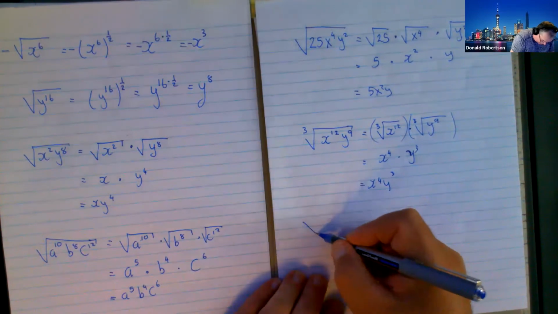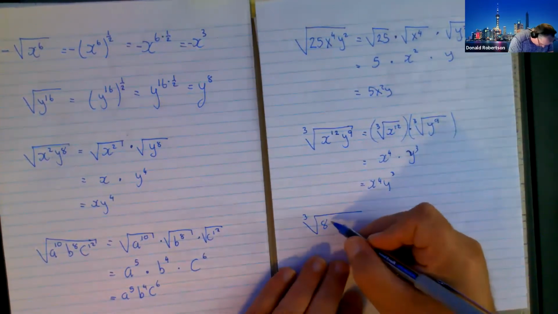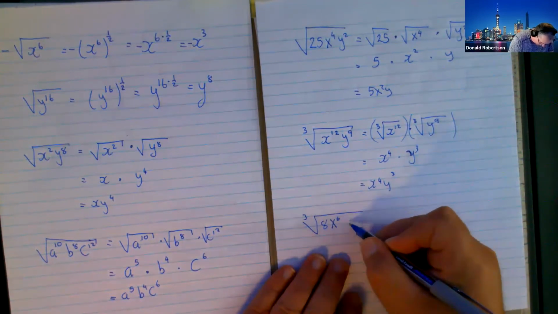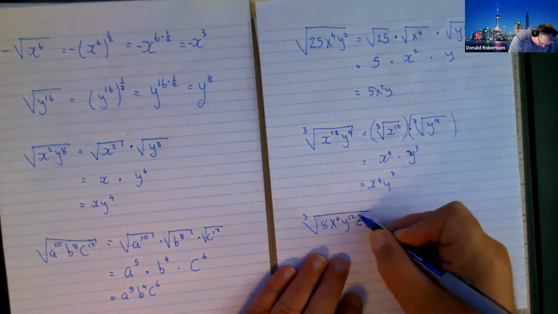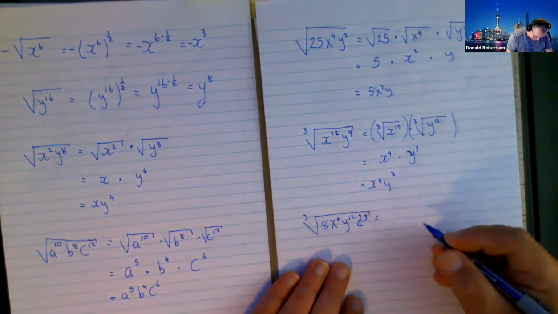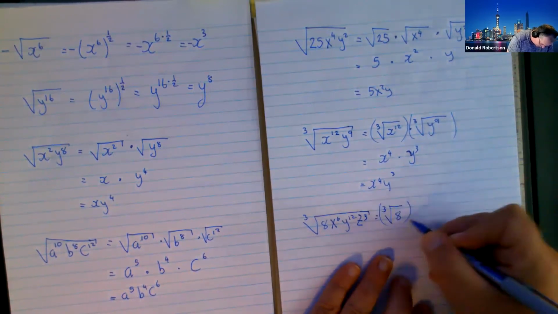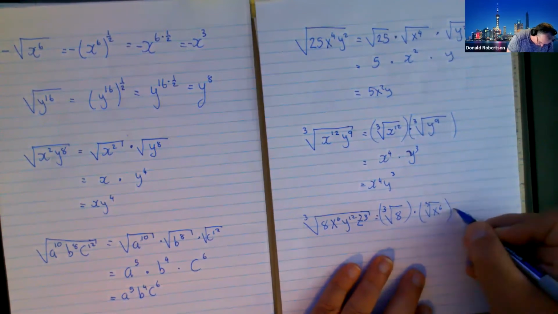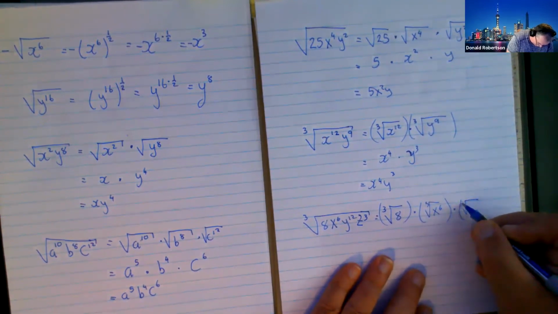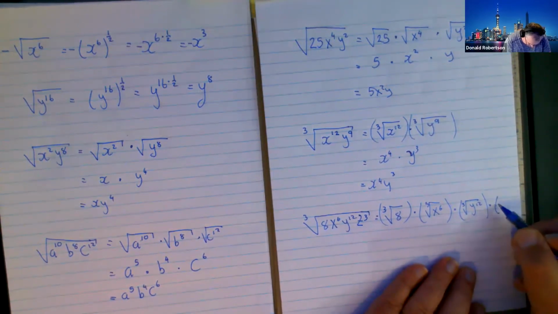Of course, you can also have numbers. So you can have the cube root of 8 x to the 6 y to the 12 z cubed. So that'll become the cube root of 8 times the cube root of x to the 6 times the cube root of y to the 12 times the cube root of z cubed.